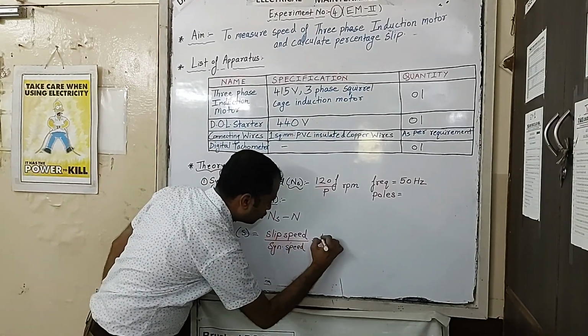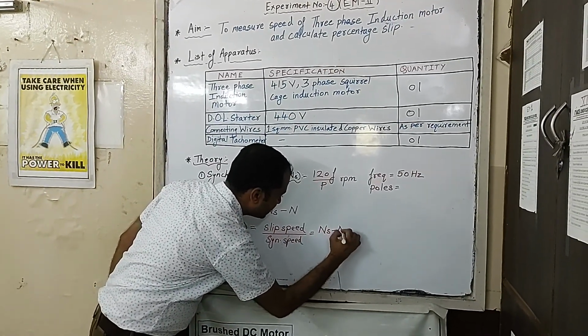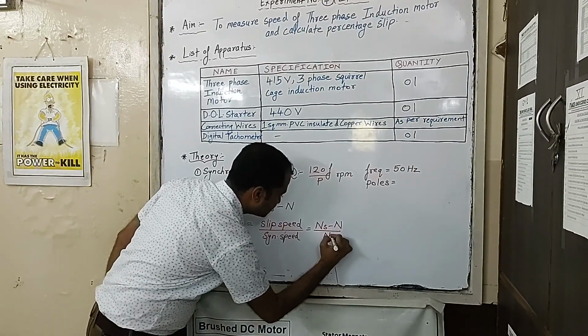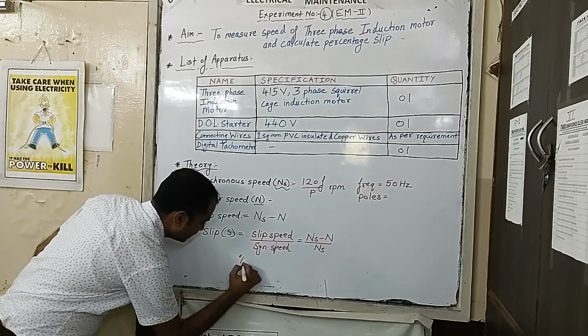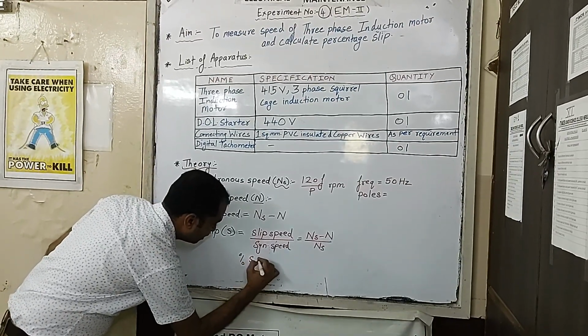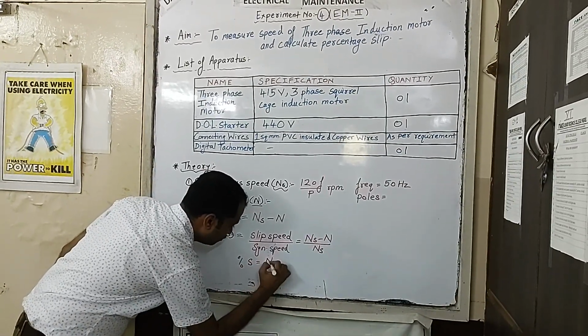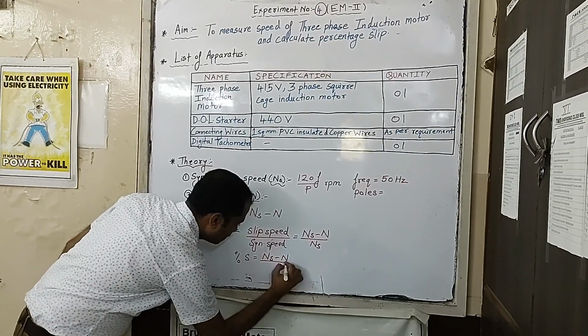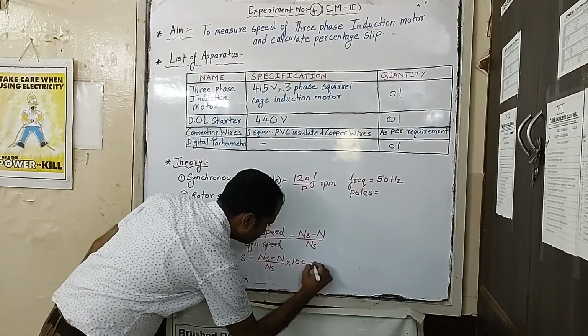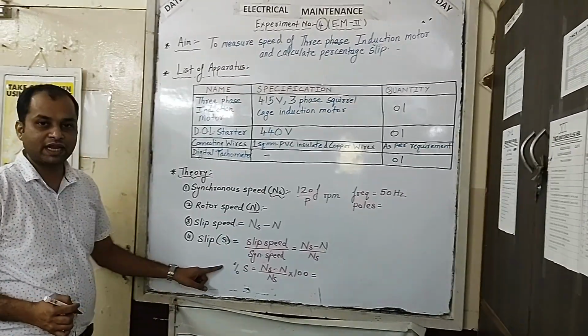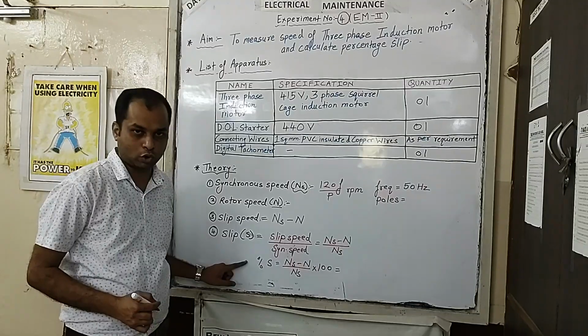So the formula to calculate slip will be Ns minus N upon Ns, and we will calculate the slip in terms of percentage. So we will write it as percentage S is equal to Ns minus N divided by Ns multiplied by 100. This is the value that we will be calculating for our three-phase induction motor.